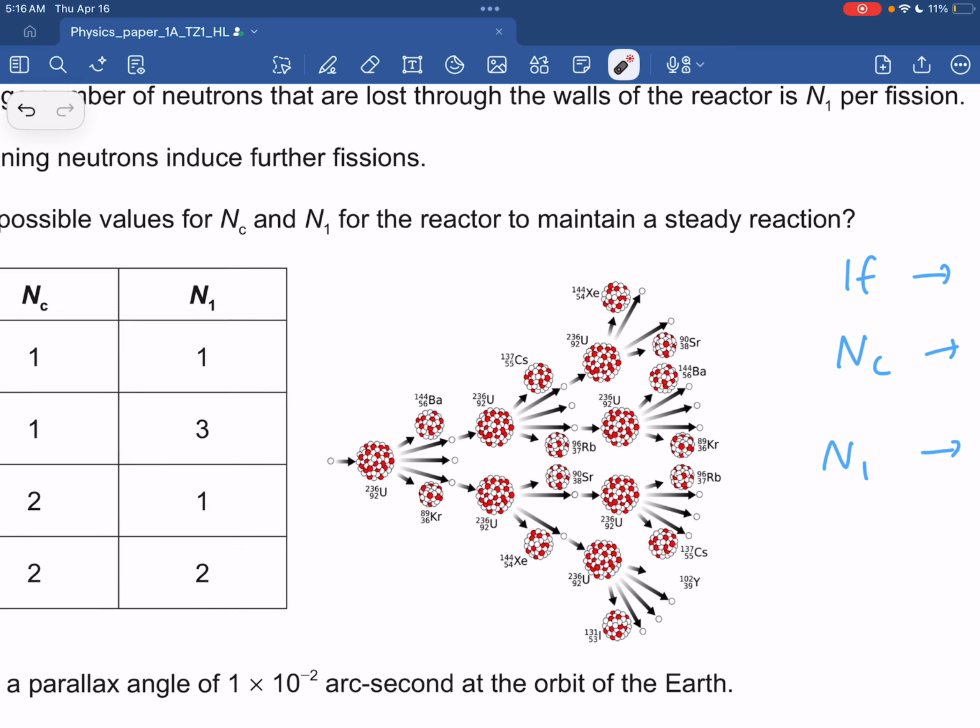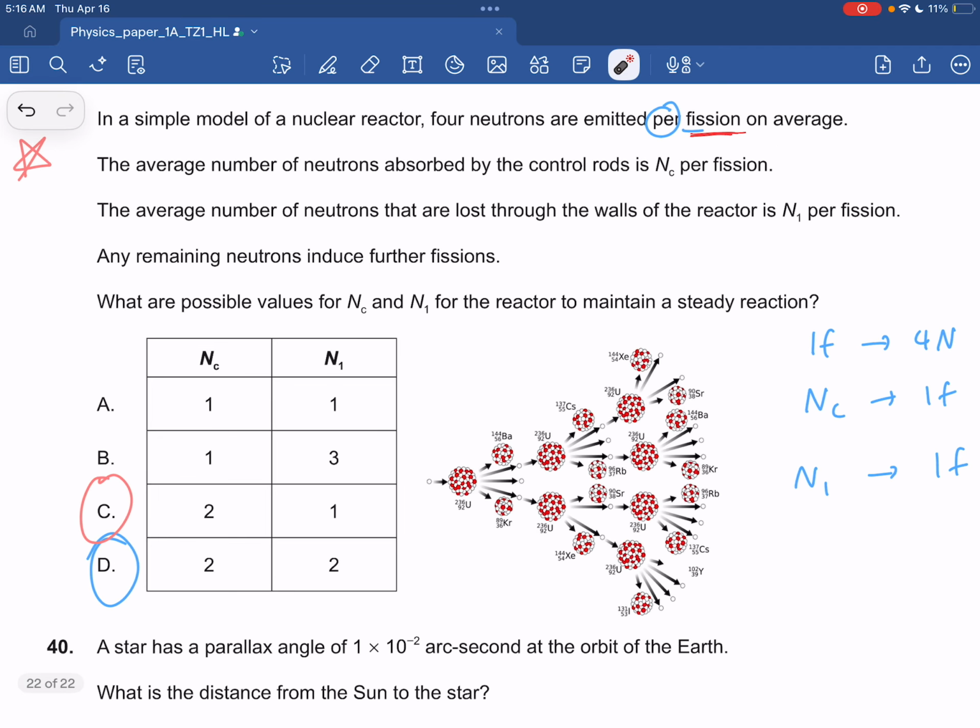Here they ask us to find the possible values for NC and N1. NC is the number of neutrons absorbed by the control rods, so that we can take them out from the reactor. And the number of neutrons lost through the wall is N1 per fission.